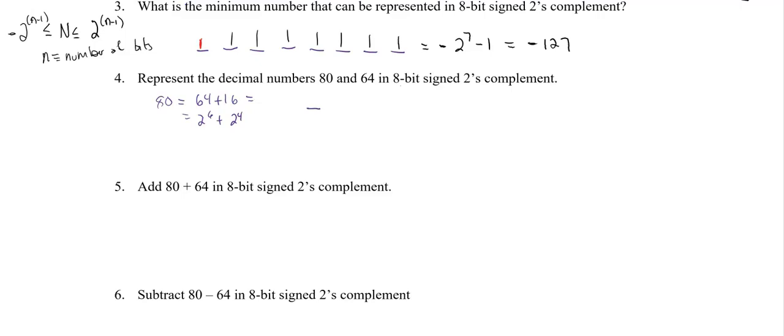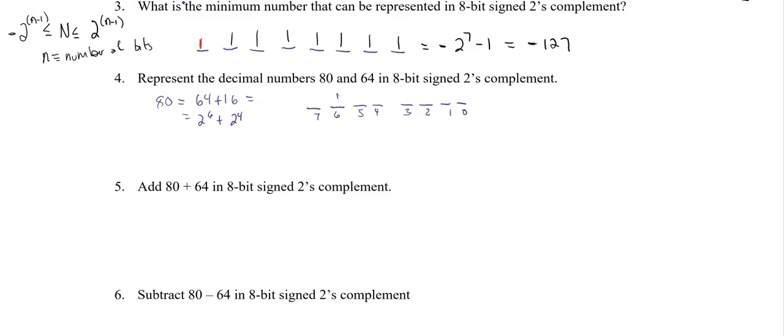So if we take our 8 bits, 0, 1, 2, 3, 4, 5, 6, 7, we're using the most significant bit as a sign bit, so we can't use that. That's good because 64 will fit.